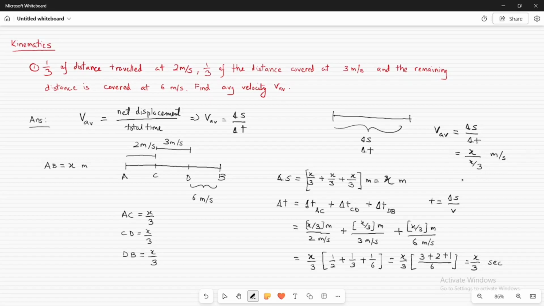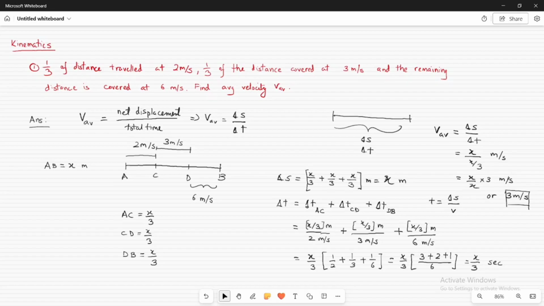That means x by x into 3 meters per second, or 3 meters per second. This was a very simple problem. There can be similar problems in your questions.